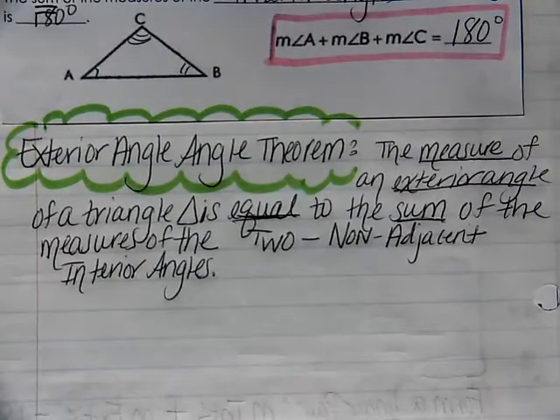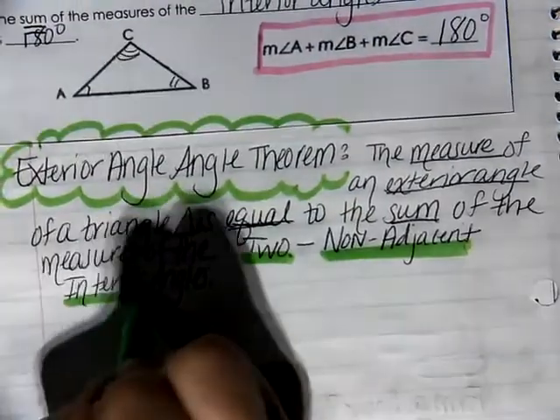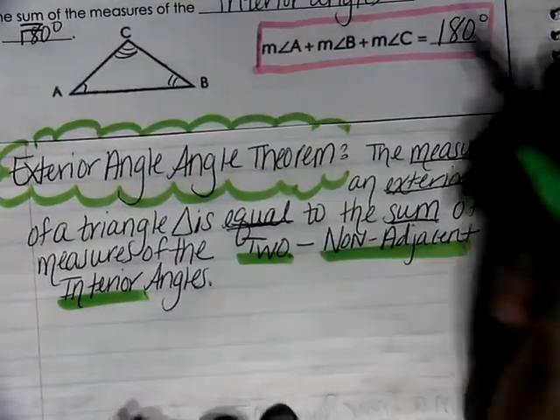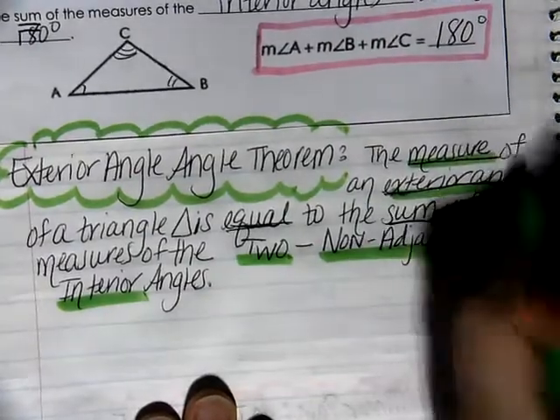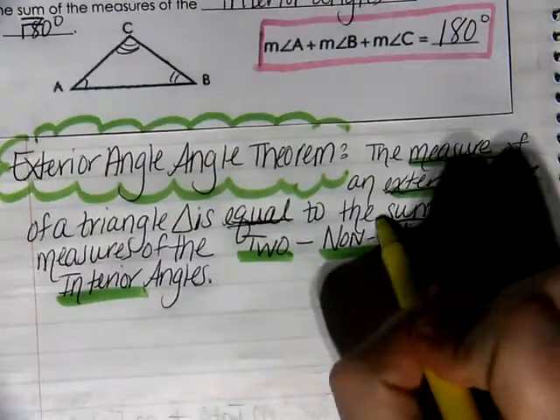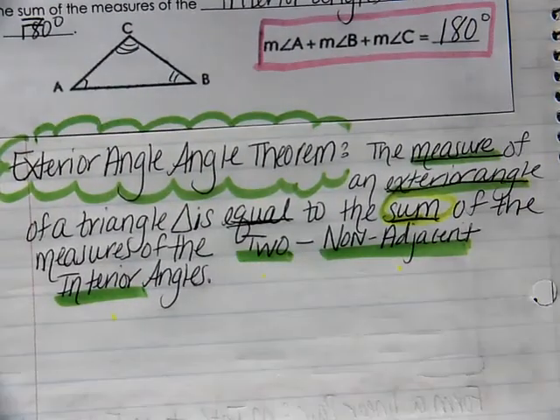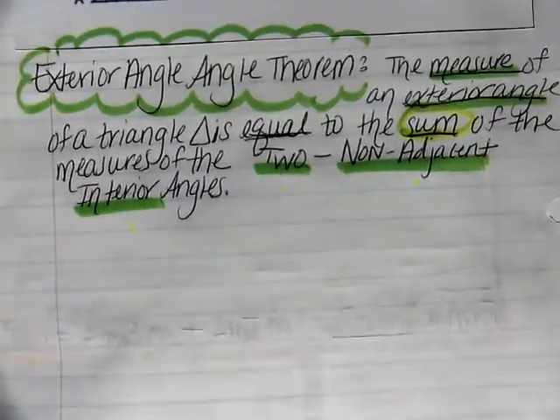So the measure of an exterior angle of a triangle is equal to the sum of the measures of the two non-adjacent interior angles. The two non-adjacent interior angles. So what does that look like?